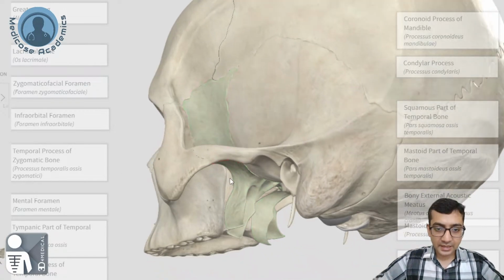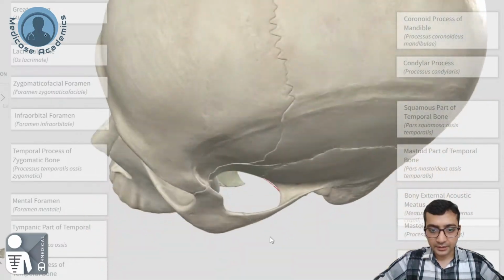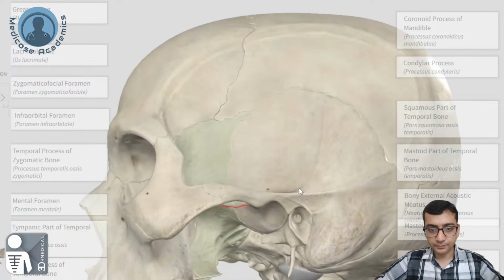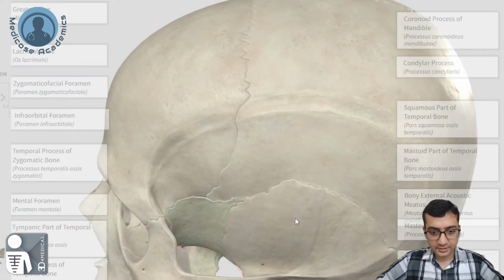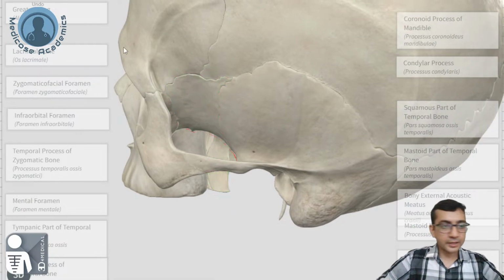So this is one thing. The other thing that we can see here is the zygomatic arch. Medially, it is bounded by the infratemporal crest.